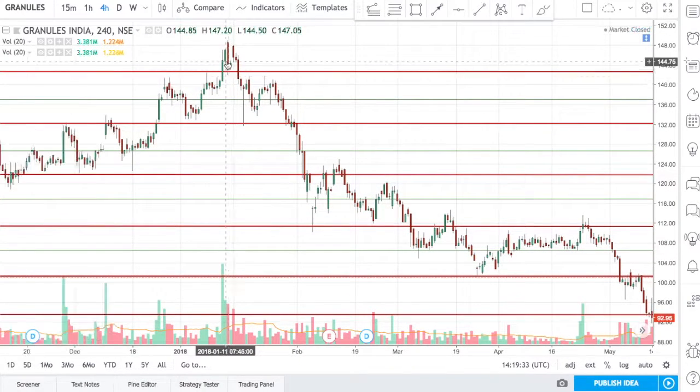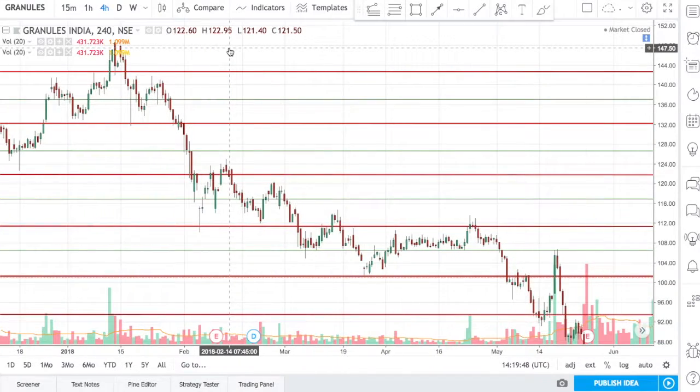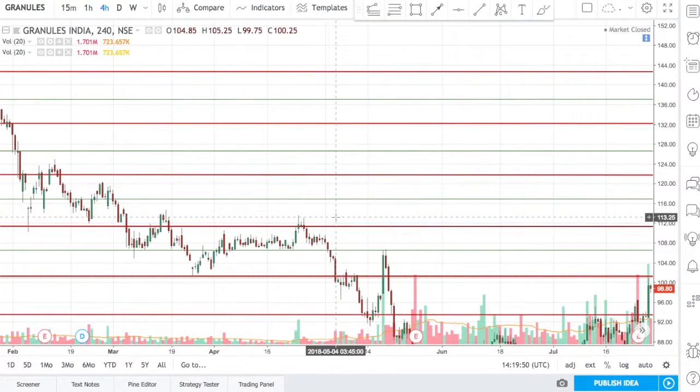Granules is in a sustained downtrend since the beginning of this year. As you could see the date here, it's 12/1/2018.